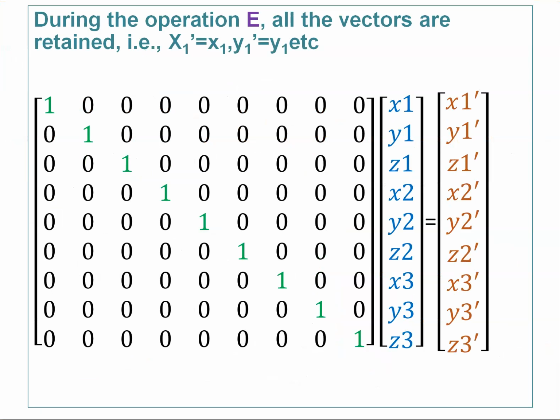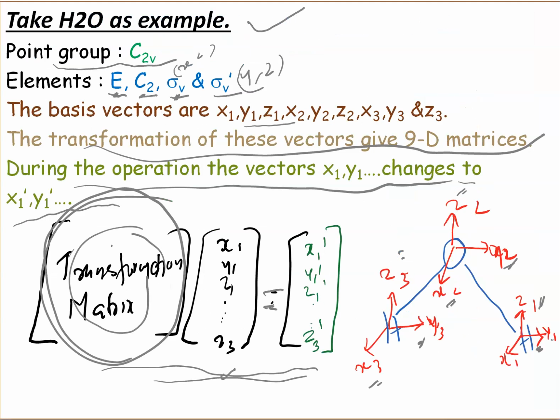First consider the operation E. In operation E, all the vectors are retained. That is, x1 dash is equal to x1, y1 dash is equal to y1, etc. If we carry out operation E on this water molecule, all the vectors will be retained.